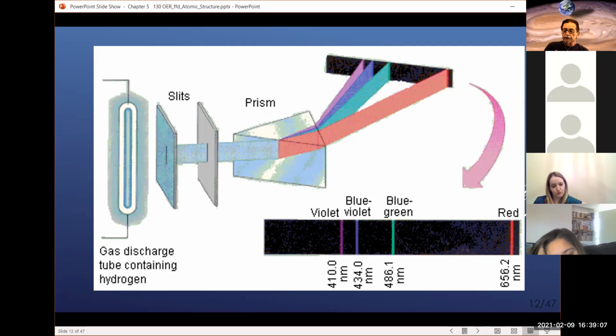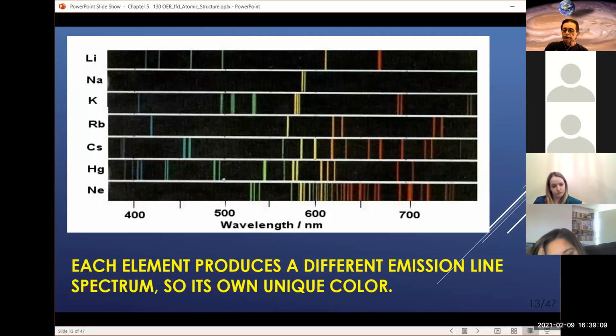Now, the neat thing about this is that you can do this for a variety of different things, elements, compounds. And guess what? Each one has its own unique emission line spectrum. That's how we can identify what's out in space, 10 billion light years away. We analyze the light, break it down, and we can figure out what kinds of materials are out in space.